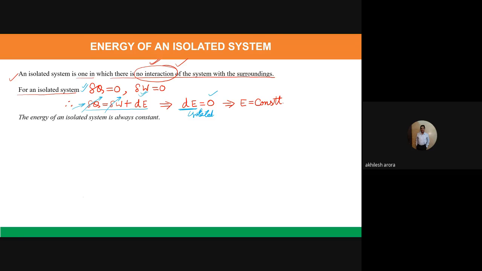That means if I integrate this equation, energy remains constant. So for an isolated system, the energy always remains constant. Because there is no interaction of the isolated system with the surroundings, the heat transfer and work transfer are zero in that particular case, and the energy of the system will remain constant. So these are simple concepts.